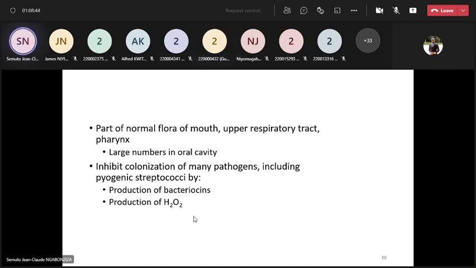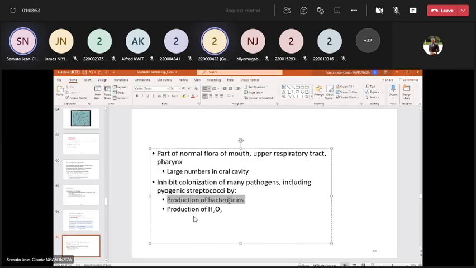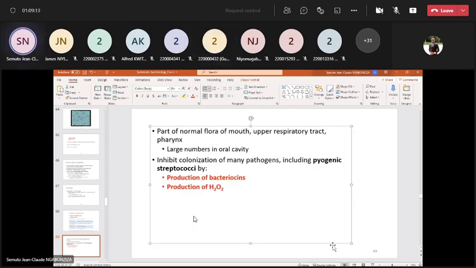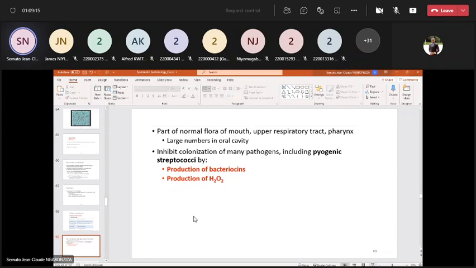They inhibit colonization of many pathogens, including pyogenic streptococci, by producing bacteriocin and oxygenated compounds, so protecting the oral cavity from pathogens.